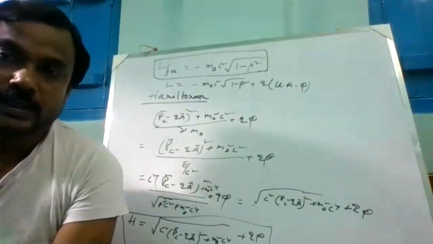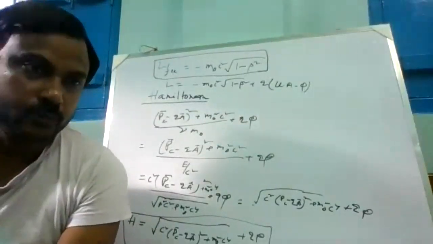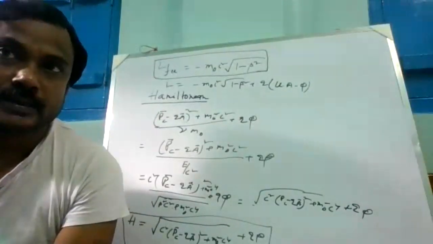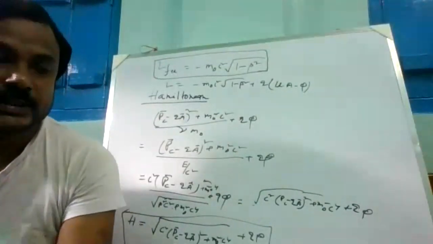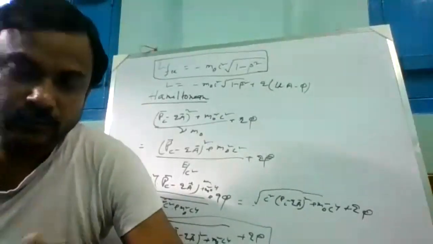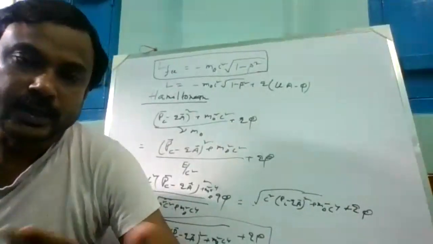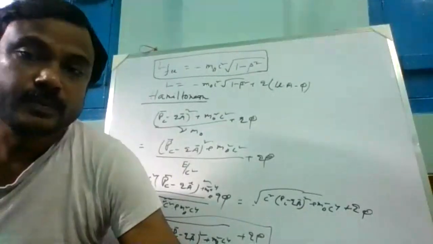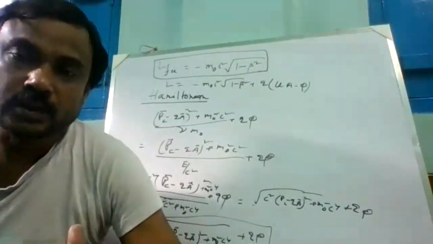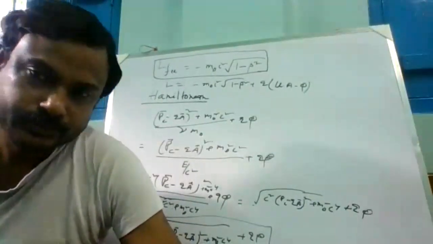For a moving charge, the Lienard-Wiechert potentials, that means scalar potential and vector potential, were derived, and we have seen that the potential for a moving charge is increased or enhanced due to its motion compared to the potential for a static charge.